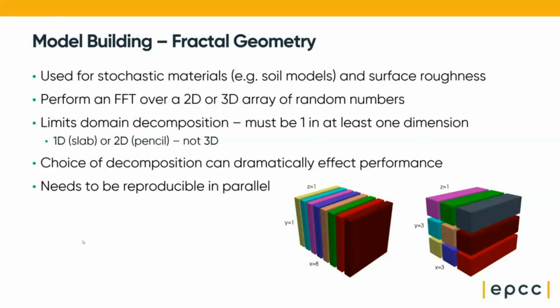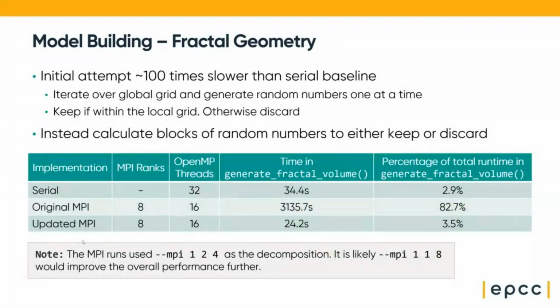But also, because these are performing FFTs on random numbers, it needs to be reproducible in parallel, which is always fun with random numbers. Ultimately, every rank needs to start from the same seed and reproduce all the random numbers in sequence, and then take the ones they want and discard the ones they don't.